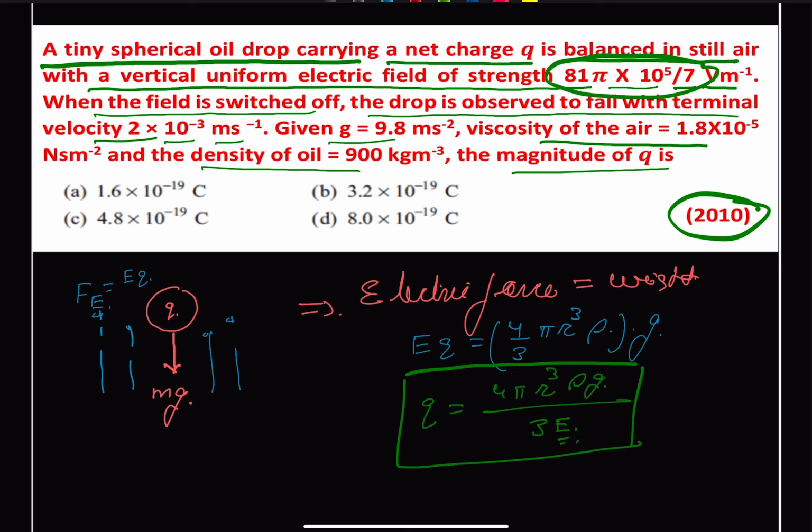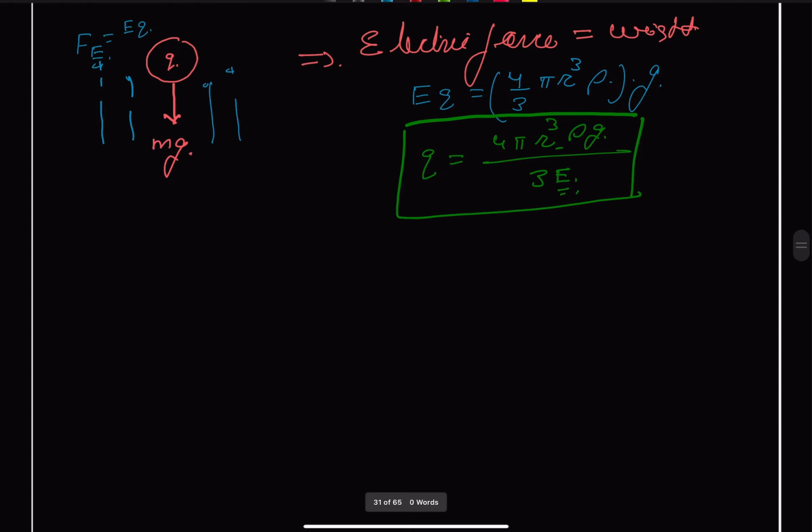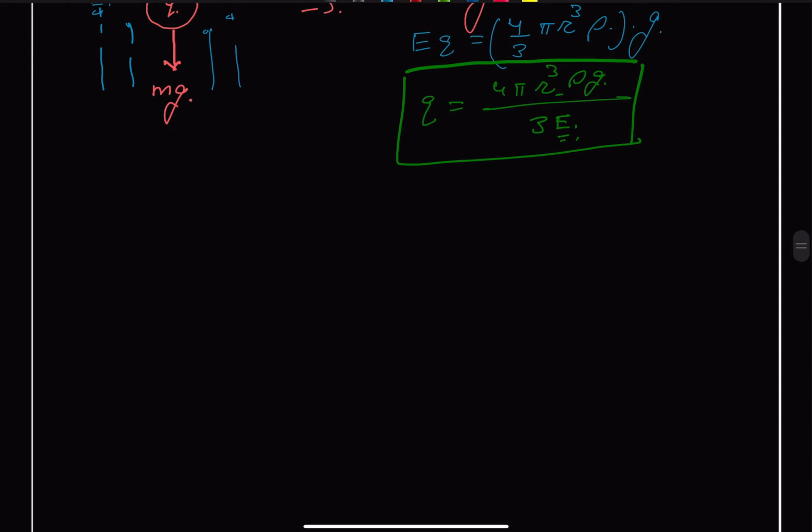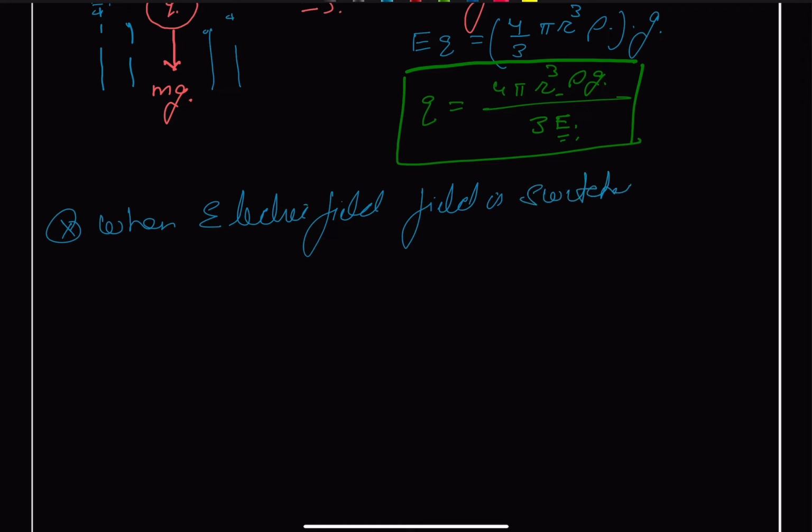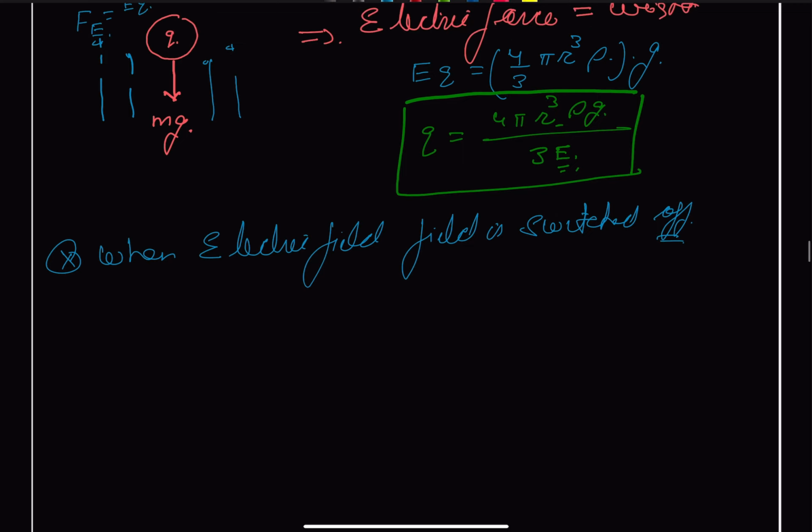So we need to find out this radius, and for that we are going to use the second condition, when the electric field is switched off.